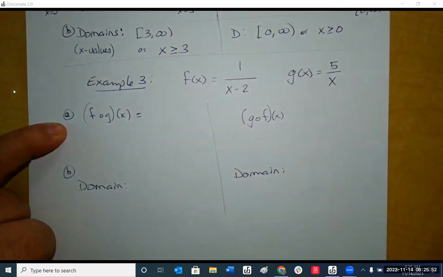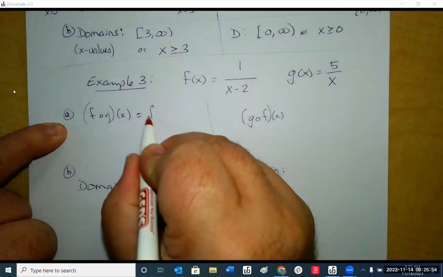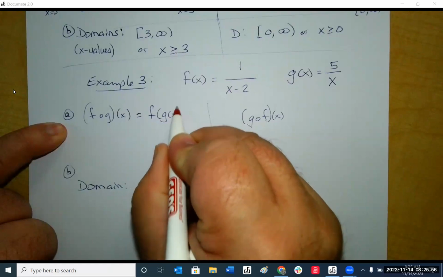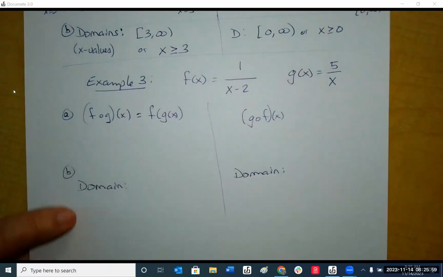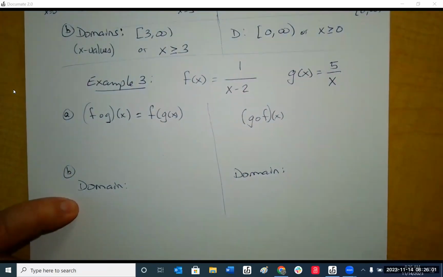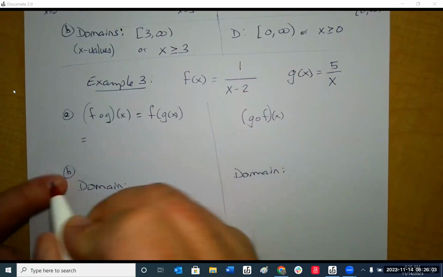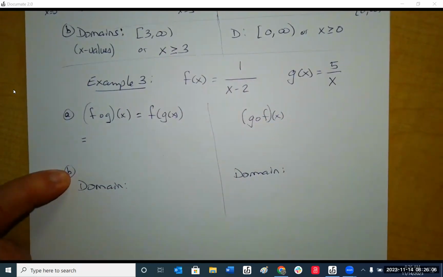What's the first one going to look like? It's going to be f of g of x, because that's the inside one. So what's the function going to look like now when I plug everything in?